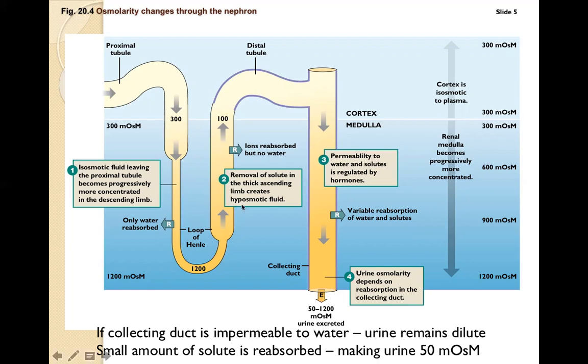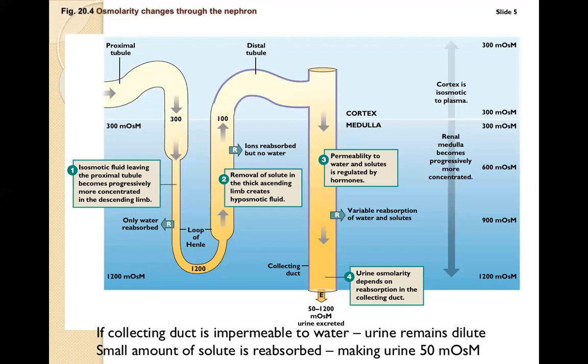And that solute is getting taken out at quite an efficient rate, because by the time you're finished the loop of Henle, the filtrate is hypoosmotic to the plasma. It's only 100 milliosmoles.